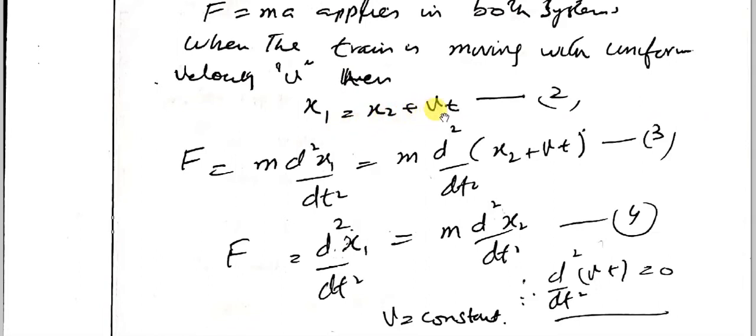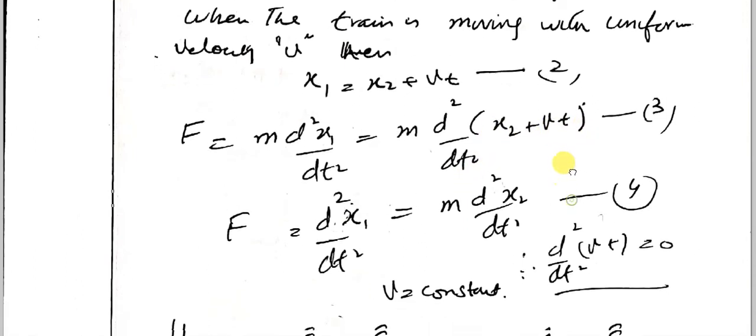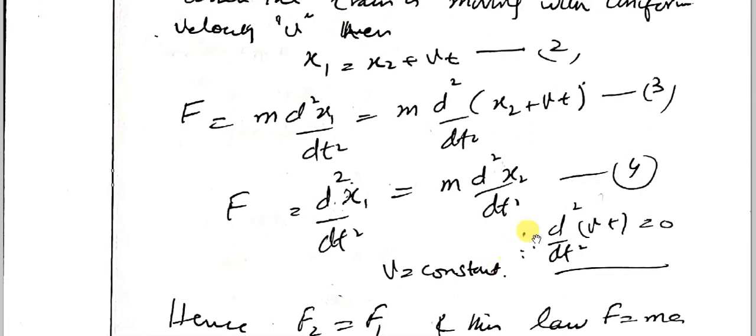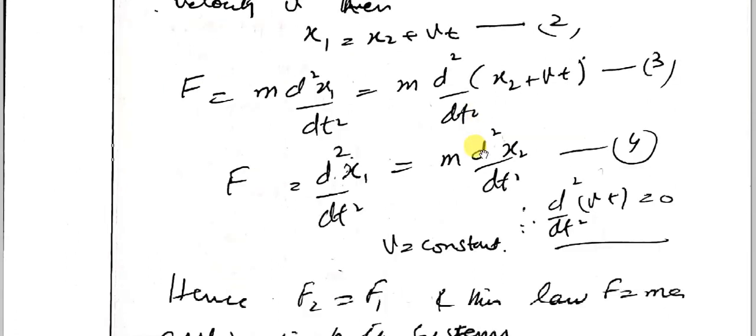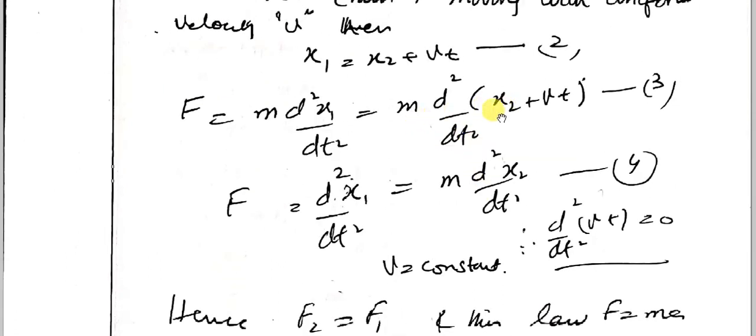Now putting this value of x1 in this equation, we get m d2 by dt square of x2 plus vt. When we differentiate, v is constant in that case. So what we get is m d2x1 by dt square is equal to m d2x2 by dt square.